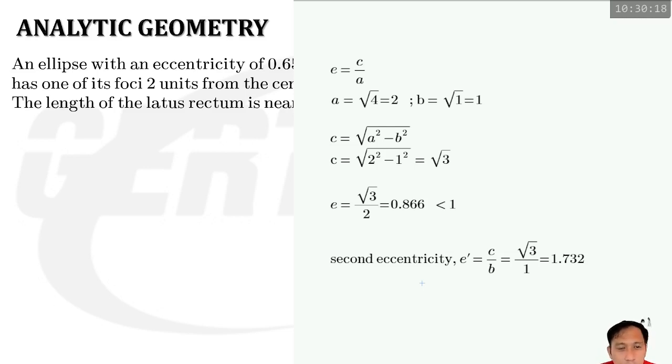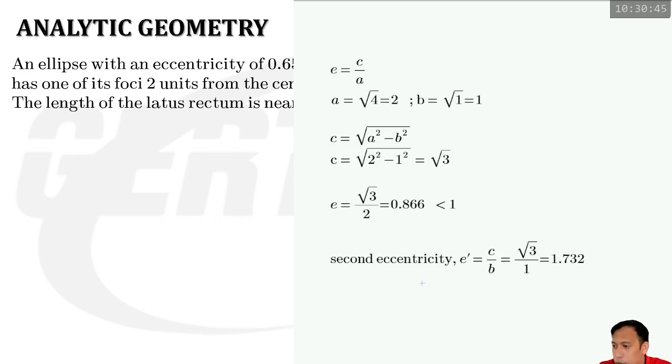The length of the latus rectum is nearest to what? Okay, here, there's no given equation.